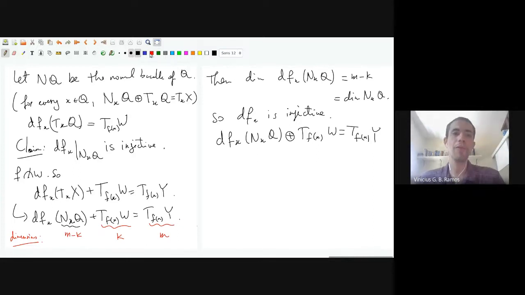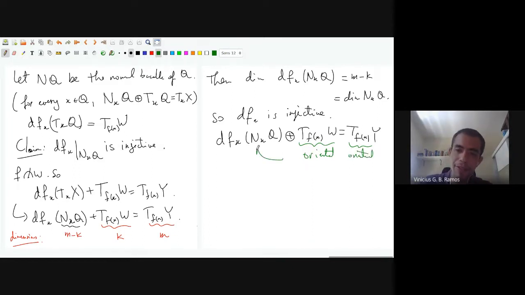So here, what do we know is oriented? We know this guy here is oriented and this guy here is oriented. These come with an orientation from the hypothesis. So that means we get an induced orientation on the image of the normal bundle.